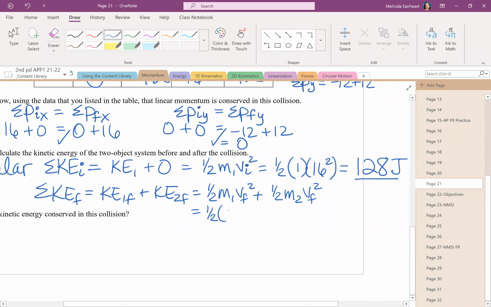And so 1/2 of 1, what's the speed of our 1 kilogram ball after the collision? Just really 12. I mean, if you put a negative in, it's going to square away. But at the end of the day, it's just a speed equation, scalar. Plus 1/2 of 4 kilograms.